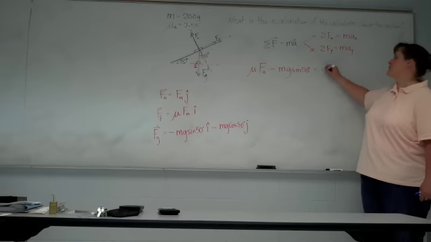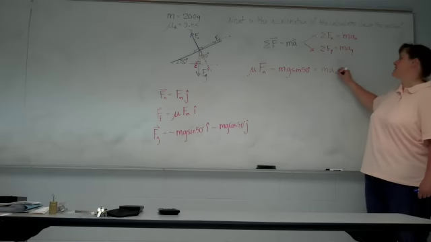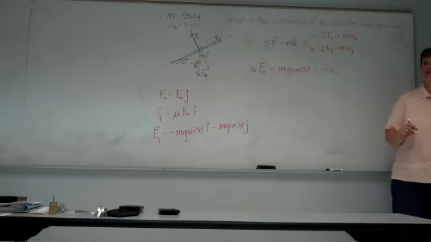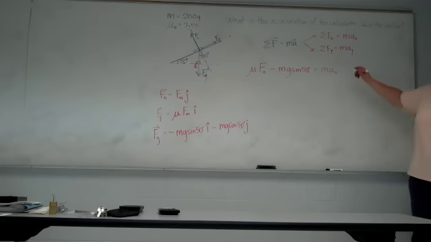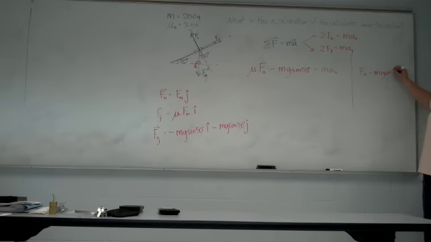So that must equal the mass of our object times the acceleration in the x direction. In the y direction, we have the normal force, and we have minus mg cosine 50. That has to equal mass times the acceleration in the y direction.